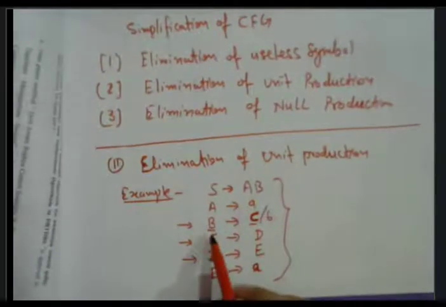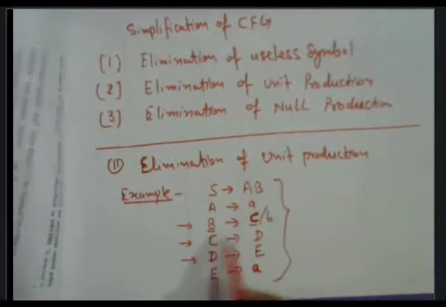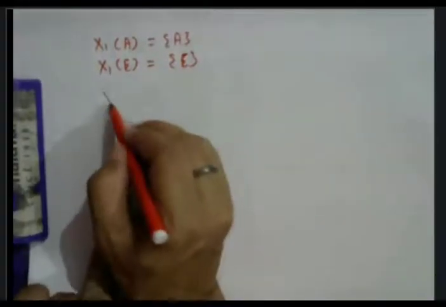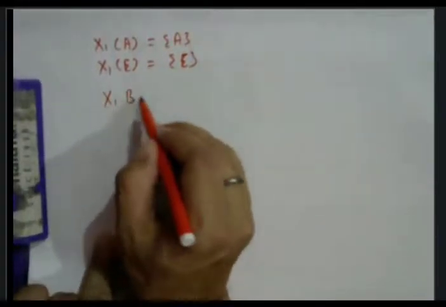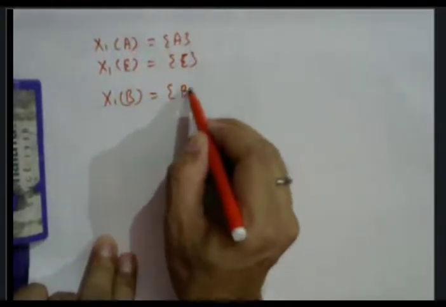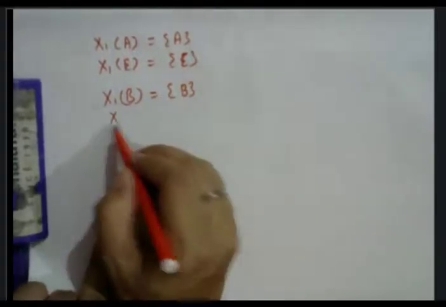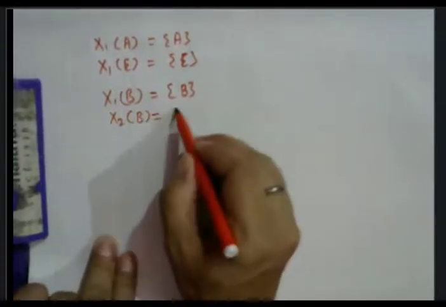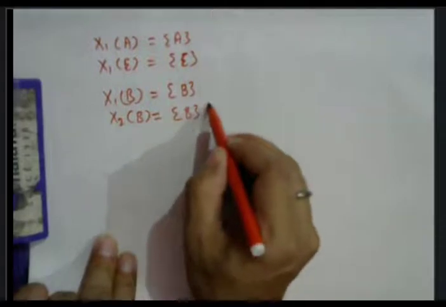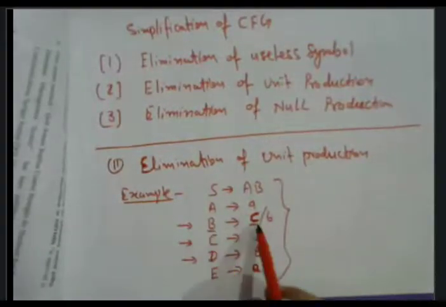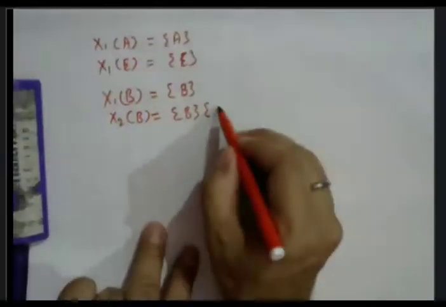Again we come to the variable B. If we check x1 of B, it is equal to B. Then if you calculate x2 of B, the value of x2 of B is equal to B union B tends to C. B tends to C is a unit production, so that is equal to C.